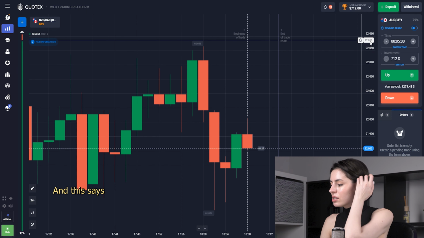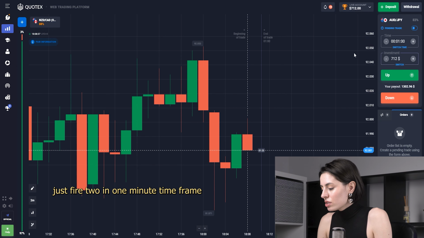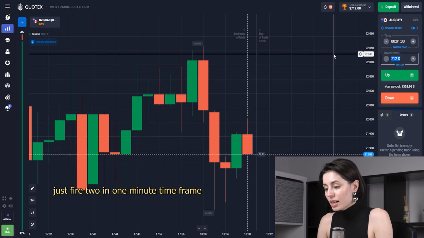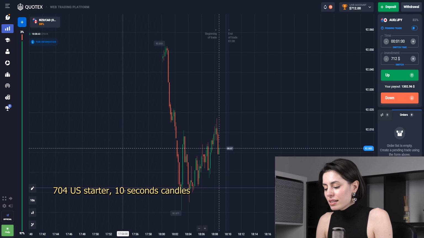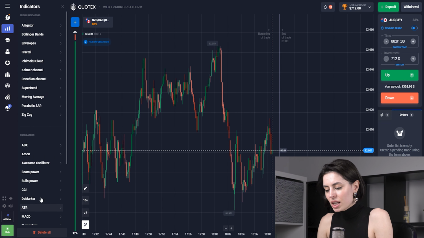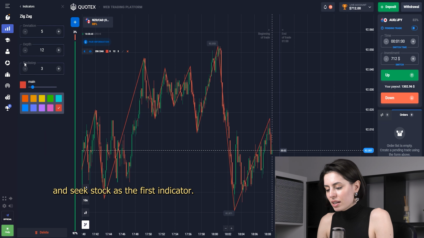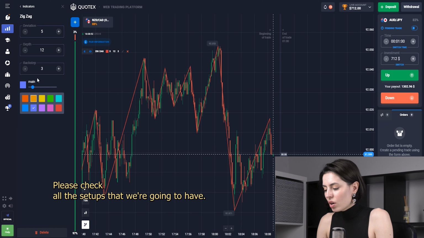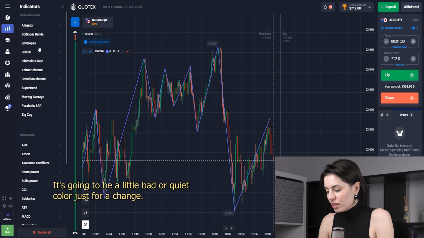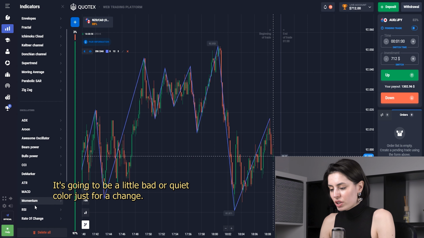This is just started with a 1 minute time frame, 700 for a starter, 10 second candles, and zigzag as the first indicator. Please check all the setups that we're going to have. It's a little bit awkward color, just for a change.